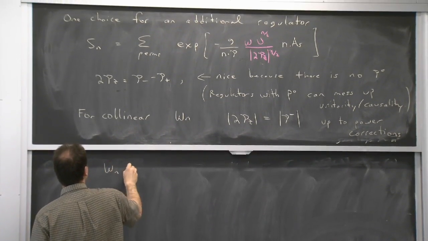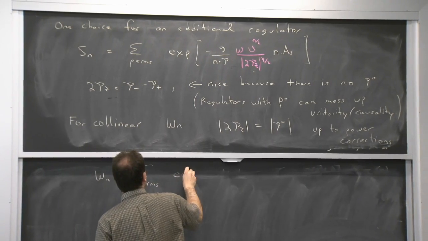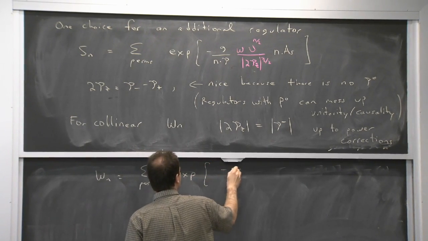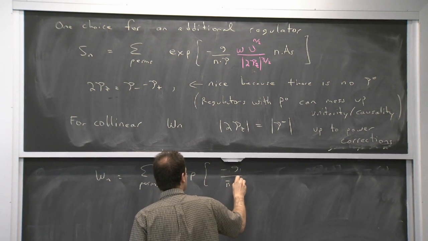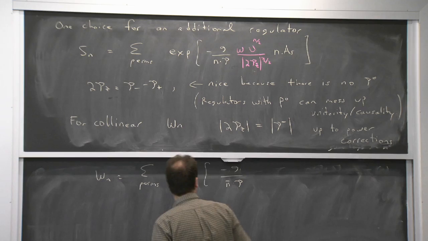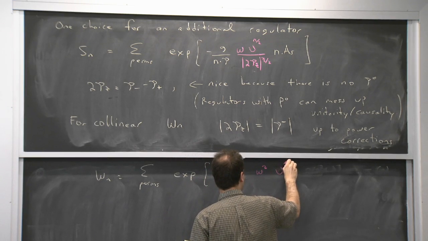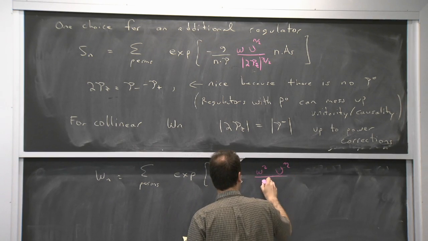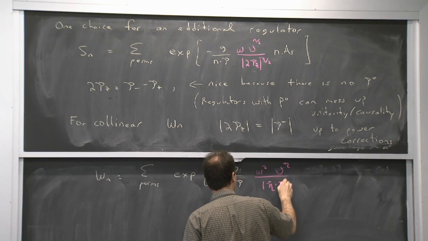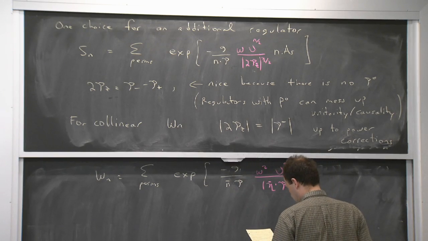And so W, written in a similar notation, I'll explain what the other things in this formula are in a minute. But the important thing for regulating is that we have some factor. In this case, it would be a factor of n bar dot p.